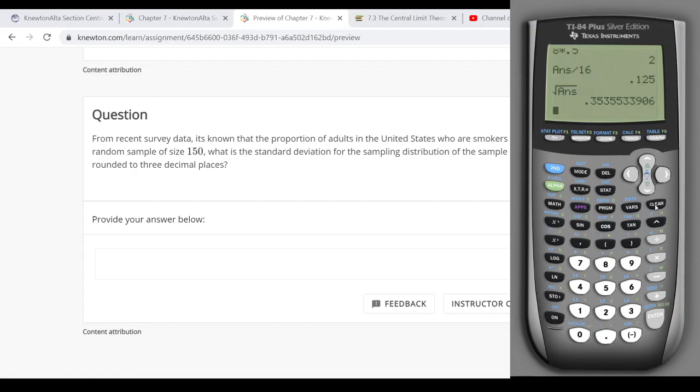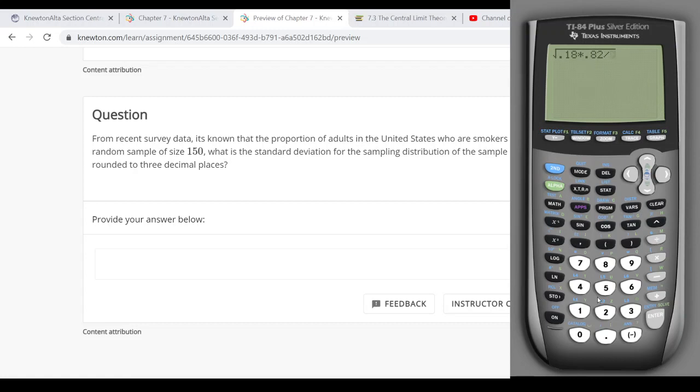The standard deviation for the distribution of p hats is going to be the square root of p, which here was 0.18, right? They said the population proportion was 18%, times 1 minus p, so 1 minus 0.18, that'd be 0.82. And then, that product divided by the sample size.